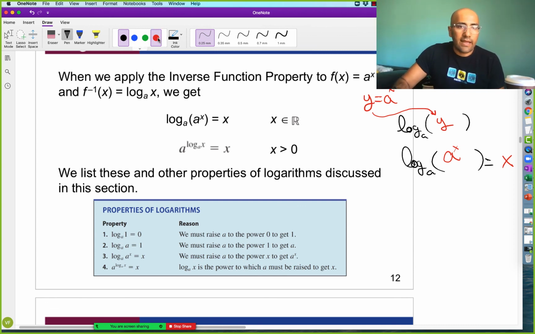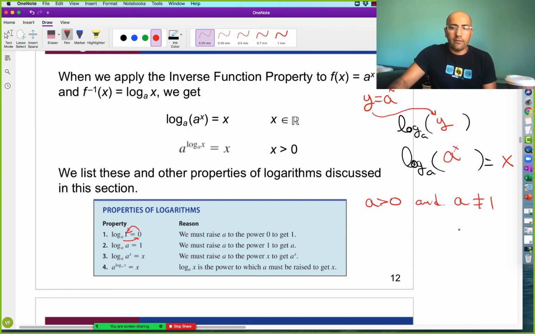This is saying that a to the power of 0 equals 1, and that's true no matter what a is, as long as a is a positive number. So for all of these, a is strictly greater than 0, and a does not equal 1.